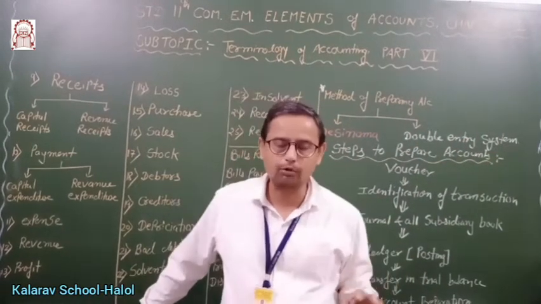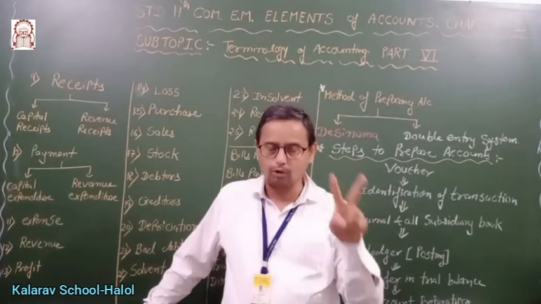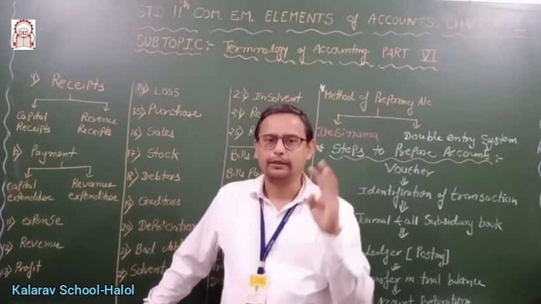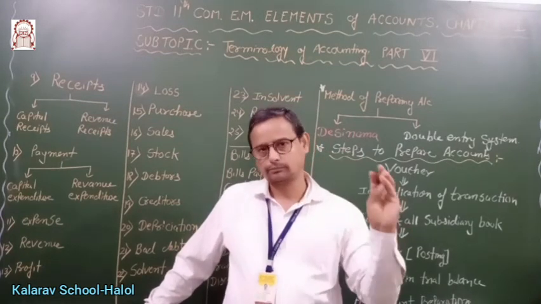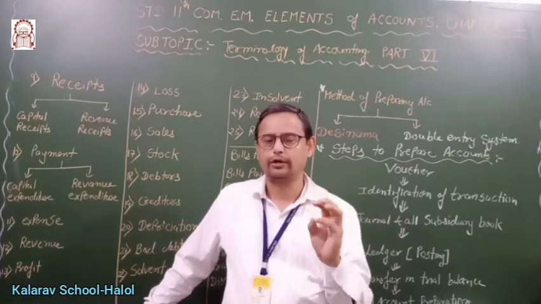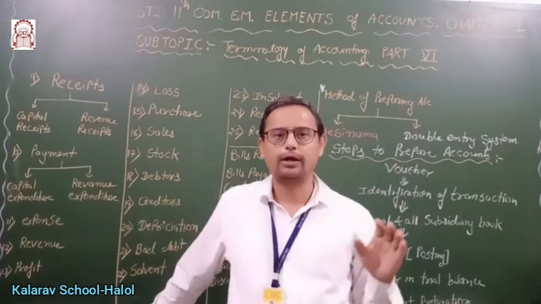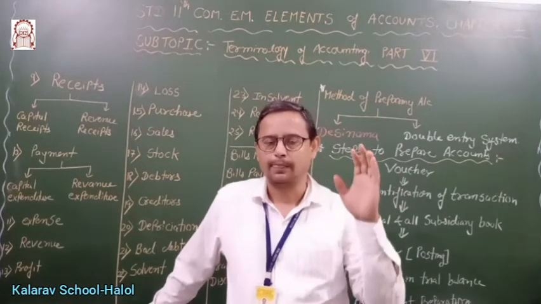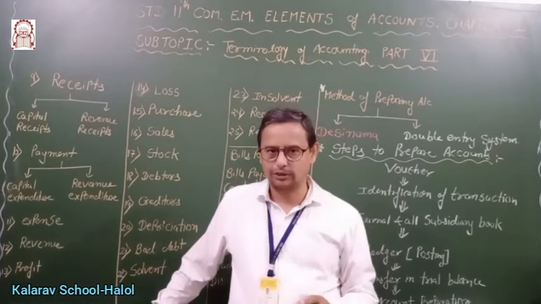And in final accounts itself, there are two accounts and one statement: the trading account, profit and loss account, and balance sheet. And in this year we are going to understand the accounts of sole proprietorship.